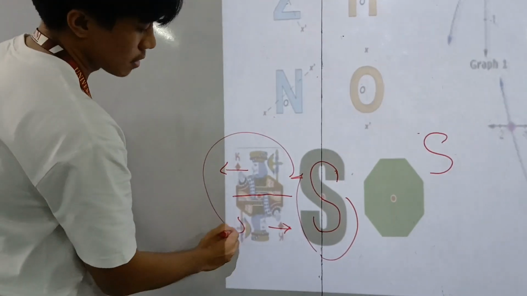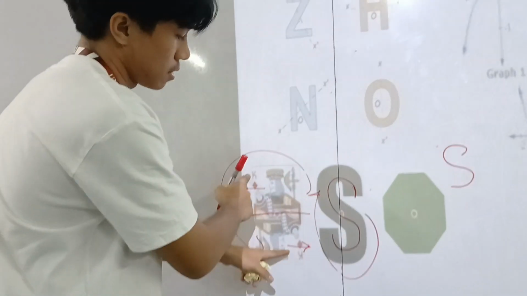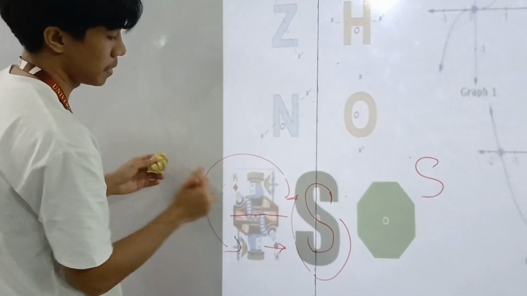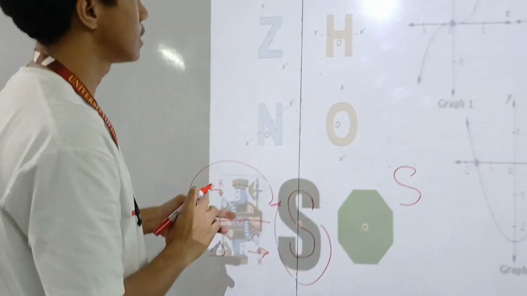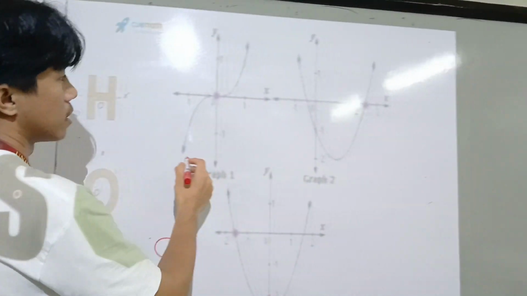When it is rotated, these two still switch places. These two are still facing to the left, I mean. Then it is the same here in number 1 graph.